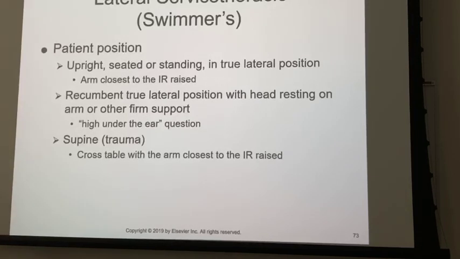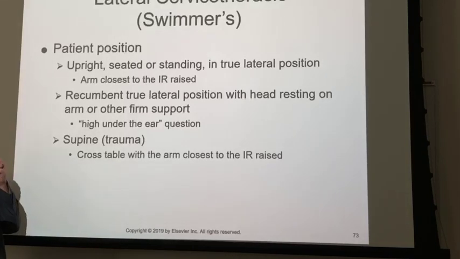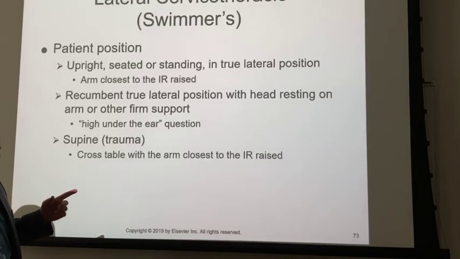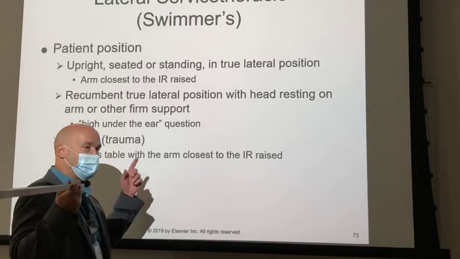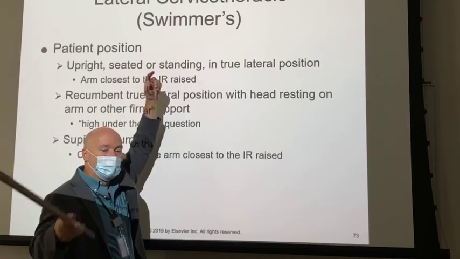All right, so the arm closest to the image receptor, elevated; the arm furthest from the image receptor, have them reach for the floor as far as possible. And then some of your texts will also, in addition to separating the shoulders this way, angle 5 degrees caudad.